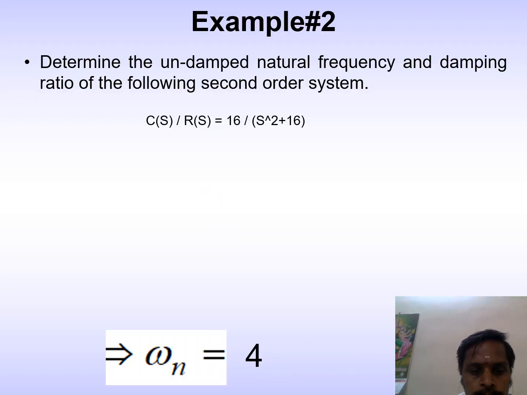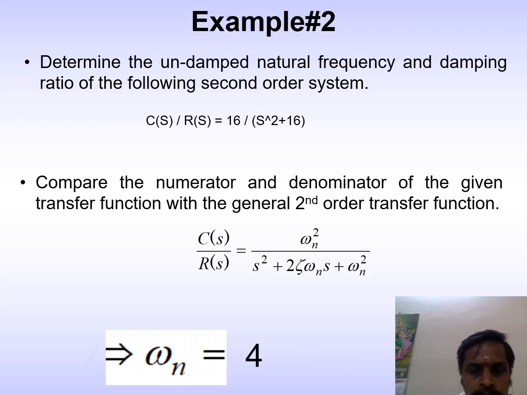This is example 2. What is the omega n value? Omega n square is 16, so omega n is 4. 2 zeta omega n is equal to 0, so zeta is 0.